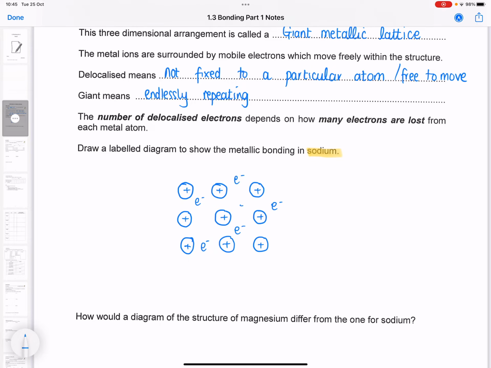I'm going to put them all over the place, but again, roughly equal numbers of electrons. So we're going to label, because it says to label our diagram. So these are our positive Na plus ions, and these are our delocalized electrons.